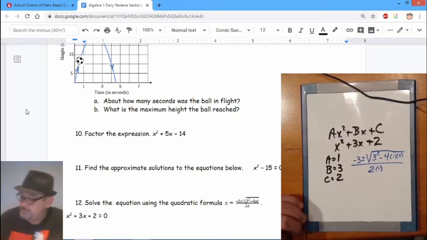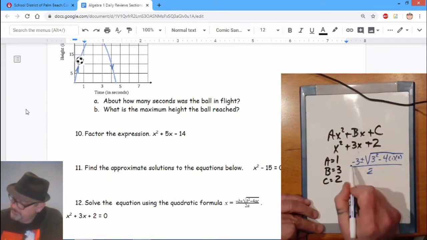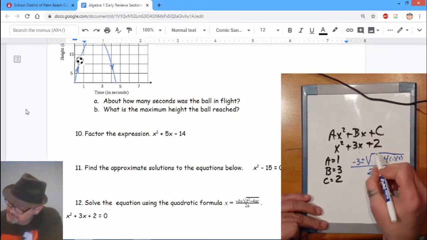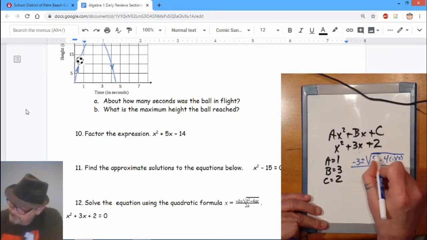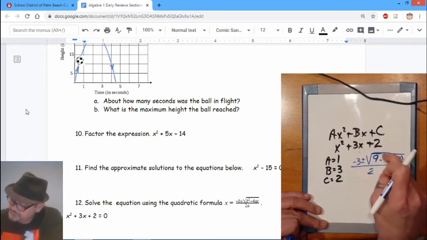Now we simplify. Pretty easy. Well, 2 times 1 is 2, so that's easy. Let's go up here. Negative 3, that just stays negative 3. 3 squared is 9, so we can change that to a 9. 4 times 1 is 4, and 4 times 2 is 8, so this becomes 8.